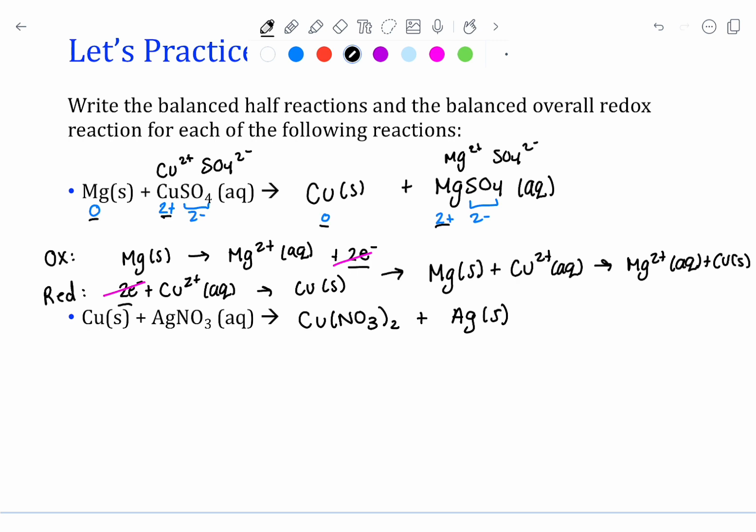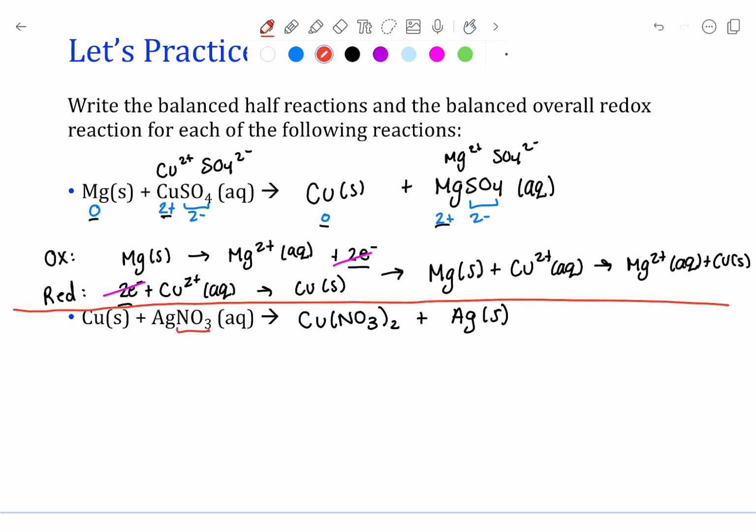Okay, I give you the reaction here, so what I want you to do is pause your video and write out the 2 half reactions, the oxidation and the reduction half reaction. So figure out the oxidation states of all of the molecules here.